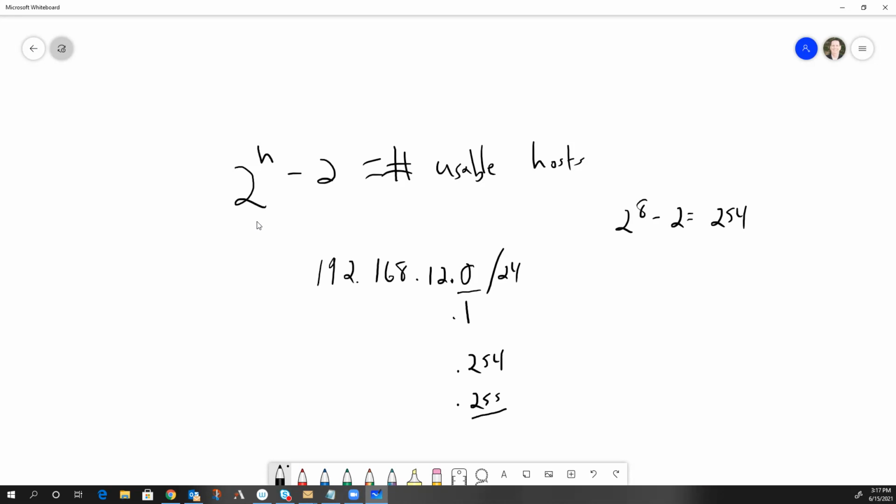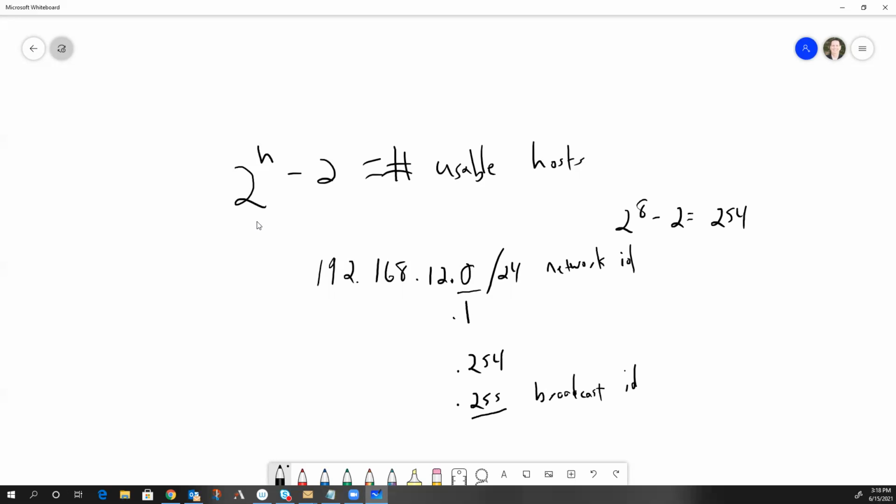And you can't use 255 for a host because that is all ones in the host portion, which is the broadcast ID. So the final address in every network is a broadcast, and the first one is the network or subnetwork ID. So if you ever wondered where those 2 addresses were going, they're going to be the network ID and the broadcast ID.